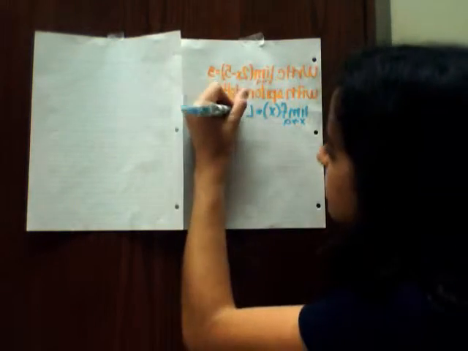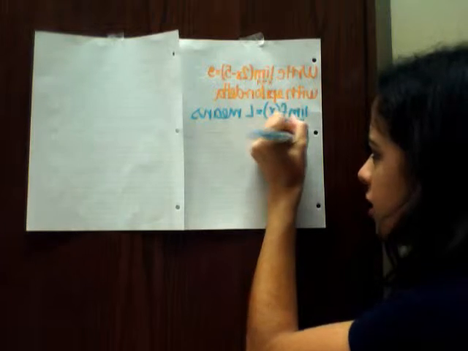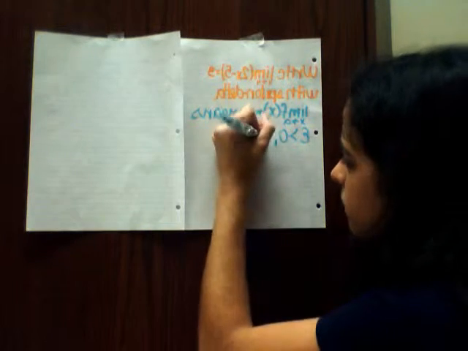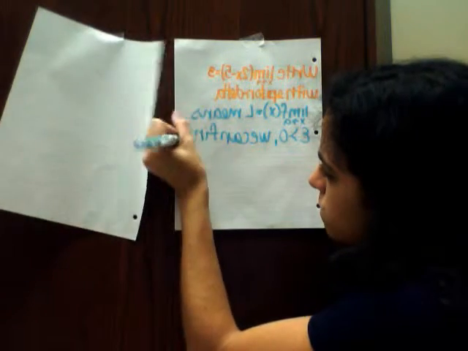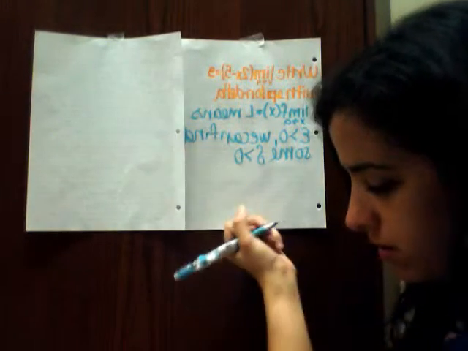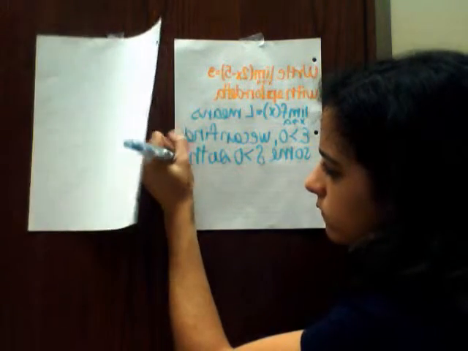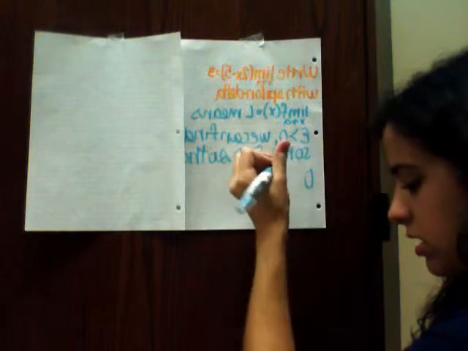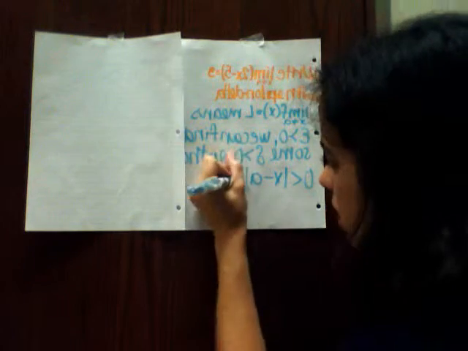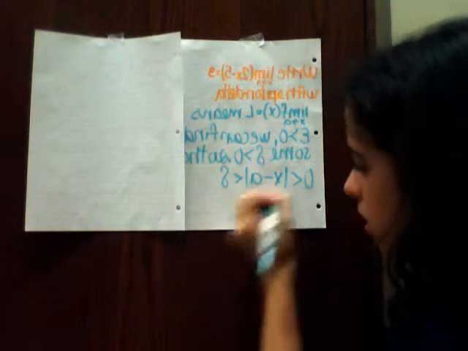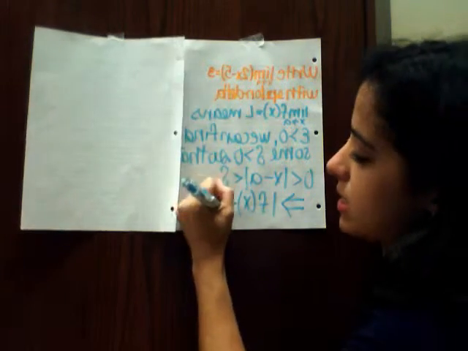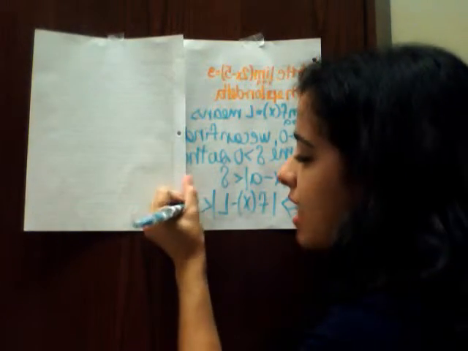That means that for any epsilon greater than 0, we can find some delta greater than 0 so that 0 is smaller than the absolute value of x minus a, when it's smaller than delta, which is also rewritten as the absolute value of f of x minus L less than epsilon.